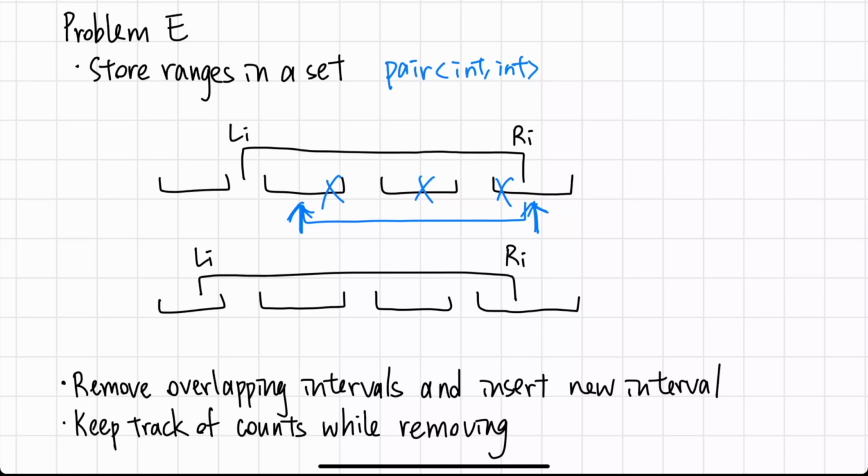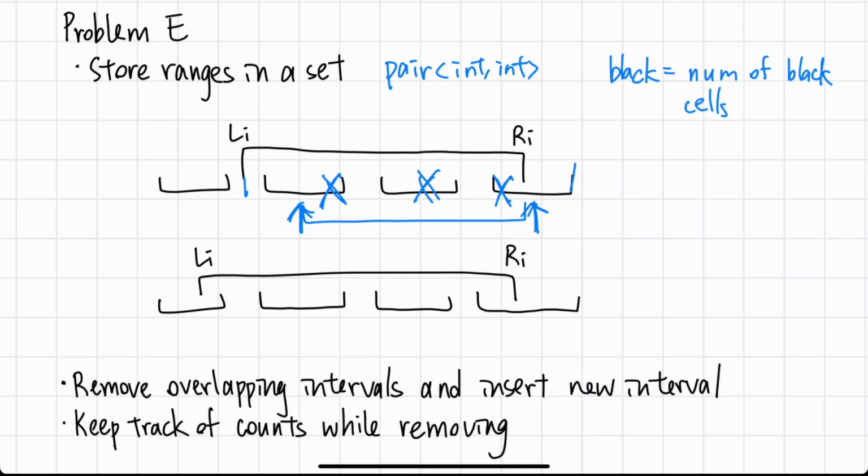So we will also store a variable called black, and this keeps track of the current number of black cells. When we remove these, we would minus this range, minus this range, minus this range, and when we add this new whole merged interval back in, we would add this whole interval back.